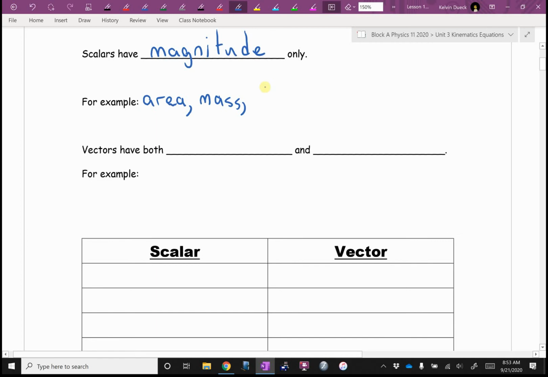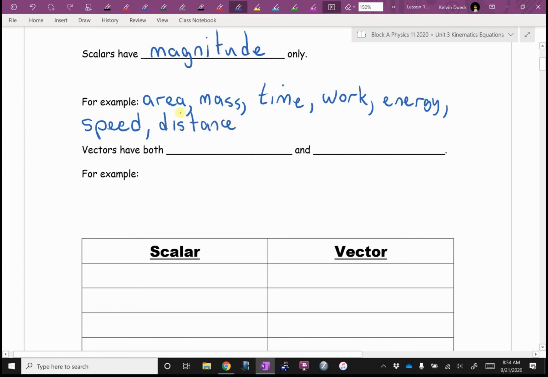Mass, time, work, energy, voltage, speed, distance. I could go on for a while.